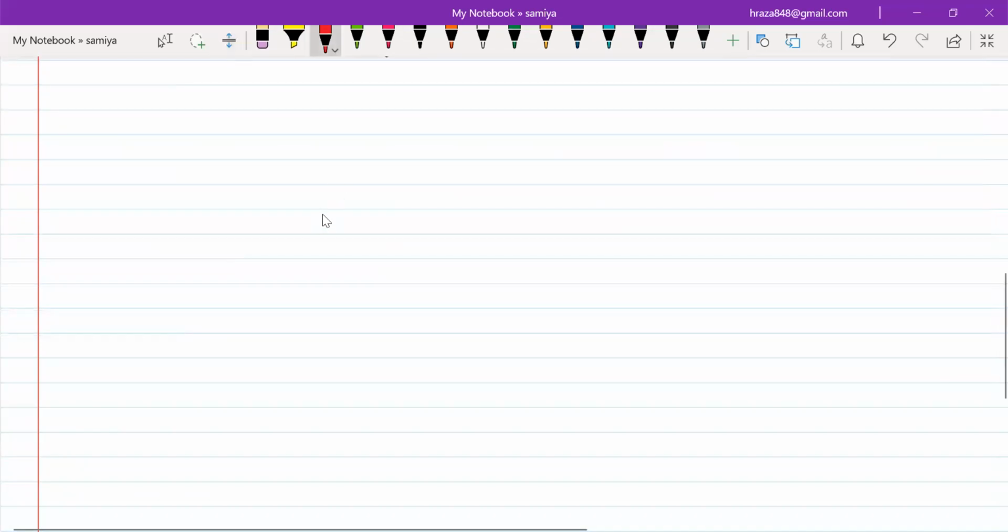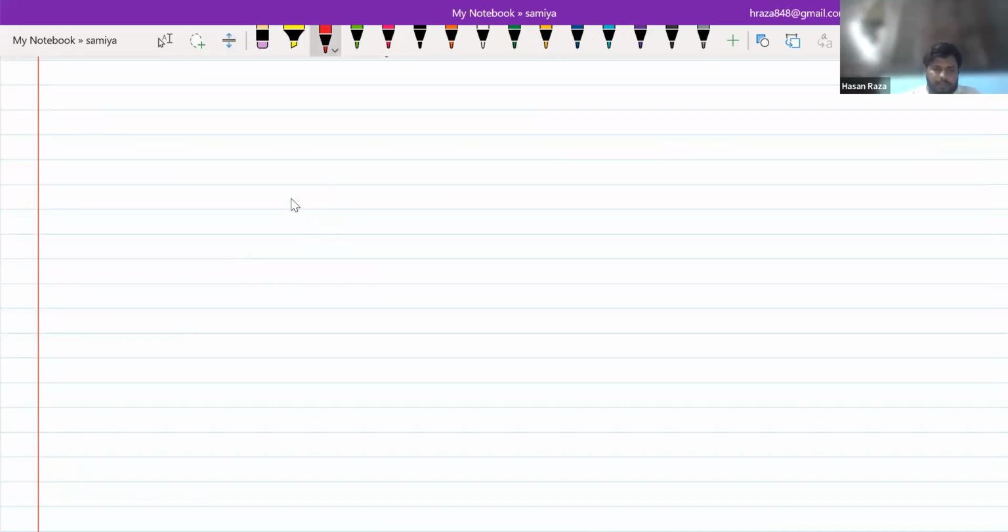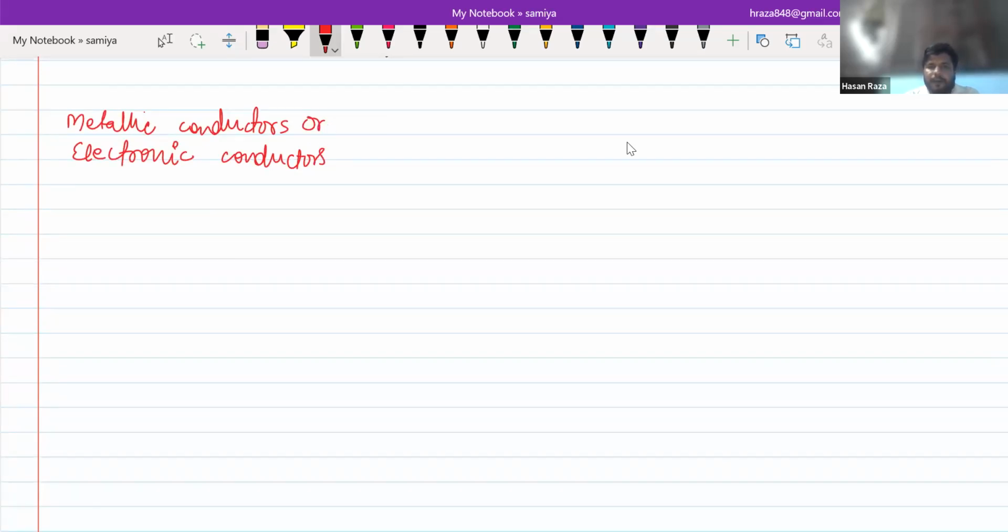Okay, so there are two types of conductor. That is metallic conductor, also known as electronic conductor, and the other one is electrolytic conductor, also known as ionic conductor.